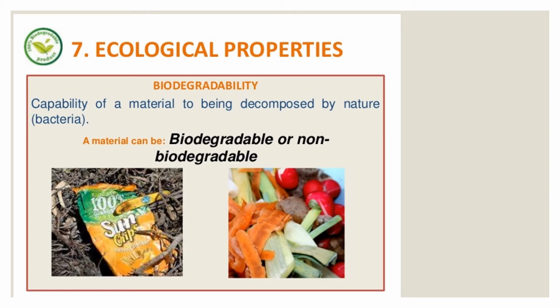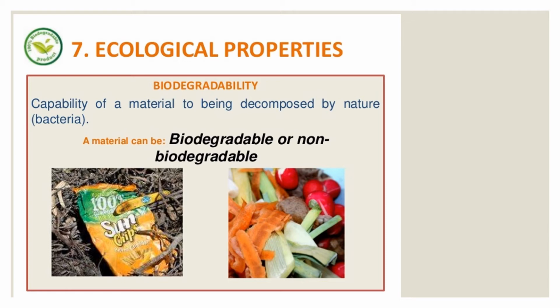Next we will discuss ecological properties. That means biodegradability. These words you have learned earlier also: biodegradable and non-biodegradable. The materials which are environment friendly or easily decomposed are biodegradable.